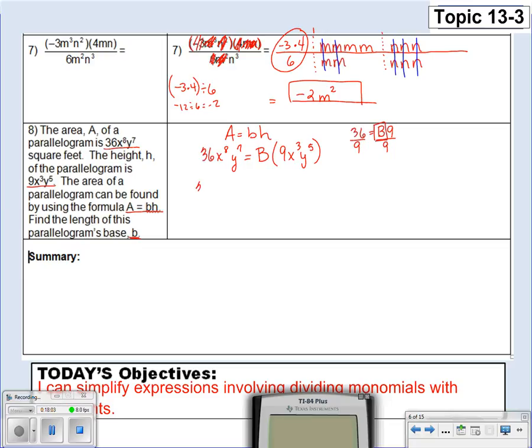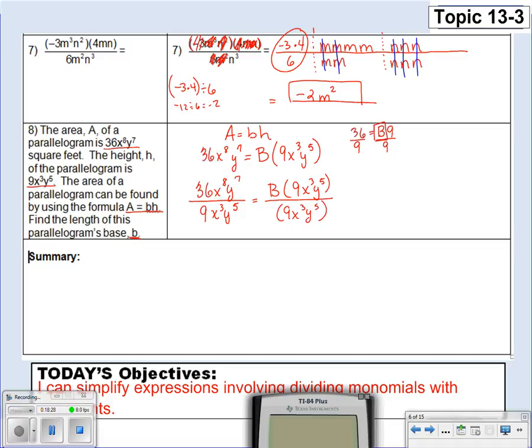So we're going to divide by the entire thing, not just the 9, but also the x's and the y's. So we're going to divide by 9, x cubed, y to the 5th. And what I do to one side, I'm going to do to the other side. So I'm showing my work.